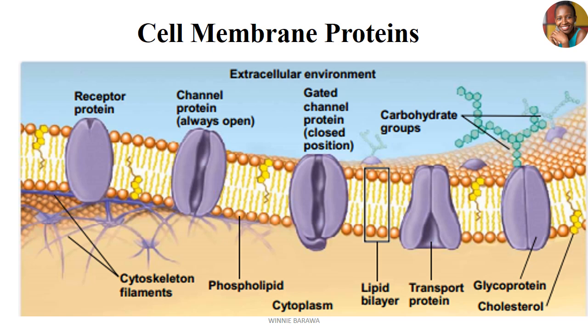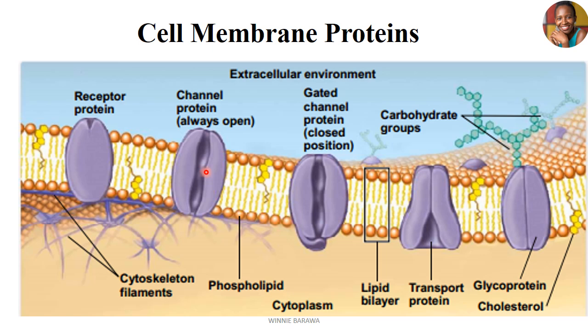And so on the cell membrane, we will find different types of proteins, and these different types of proteins can be of different nature. We have here, for example, all the purple ones. I hope you can see the purple components. All these are proteins. And so we have receptor proteins here whose main role is to signal. Then we have the channel proteins, which are always open.